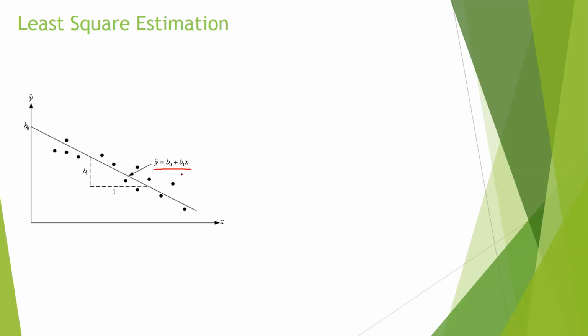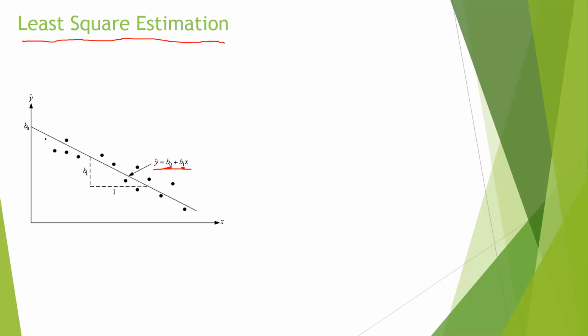So we have intercept and slope here. So how do we estimate these two parameters? There's a famous method called the least square estimation. So what is the least square? This is what I would like to introduce.